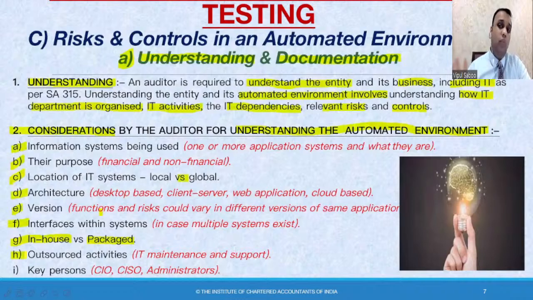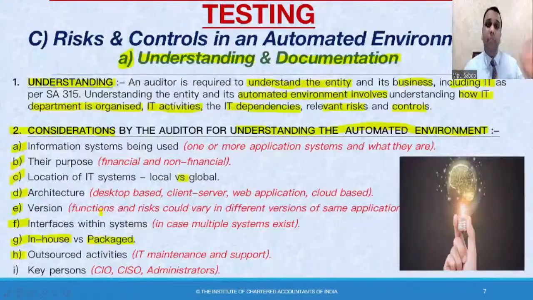You'll be taking care of that quarterly. If I require any system updates, my staff will not be doing that internally. I've hired a particular organization and they are giving me services. This is known as outsourcing. I've outsourced IT maintenance and support to a different company.